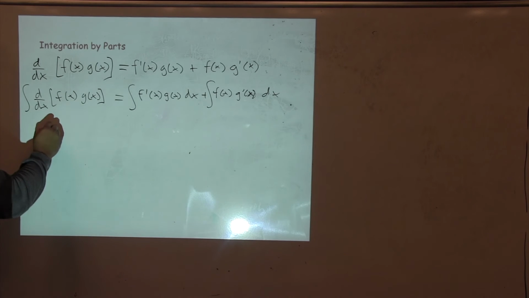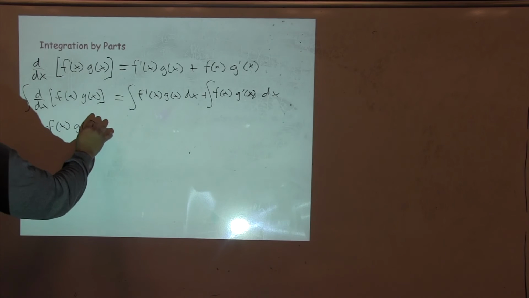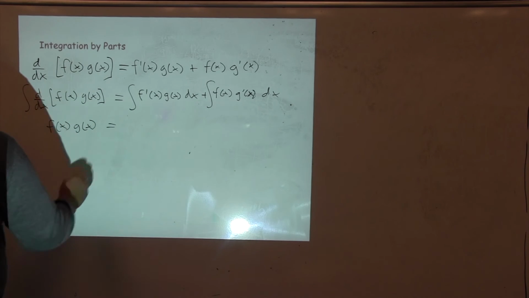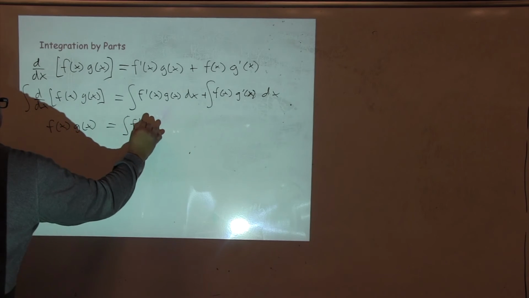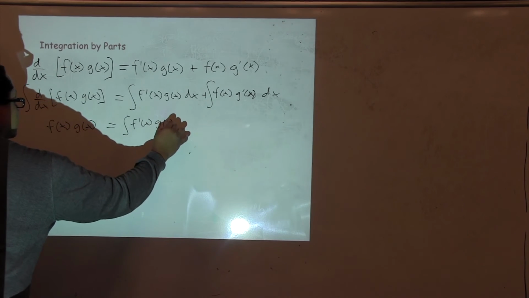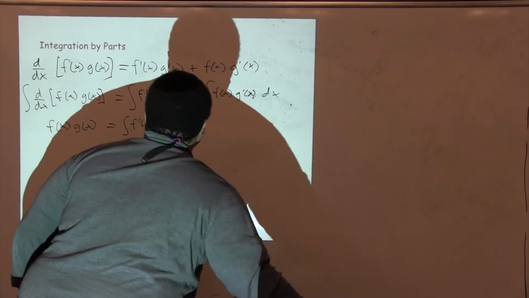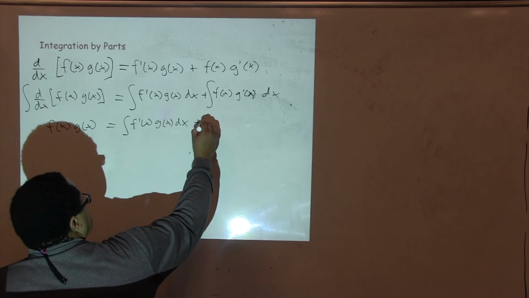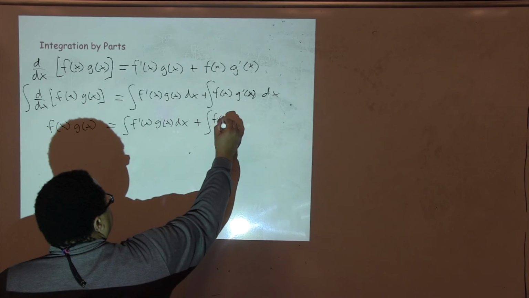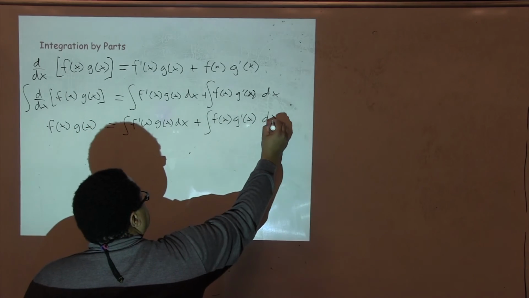So we're going to write f of x times g of x here, and then we still have what's on the right-hand side of the equality, which is the integral of f prime of x, g of x dx, plus the integral of f of x, g prime of x dx.